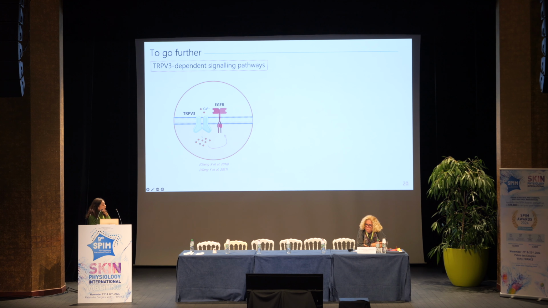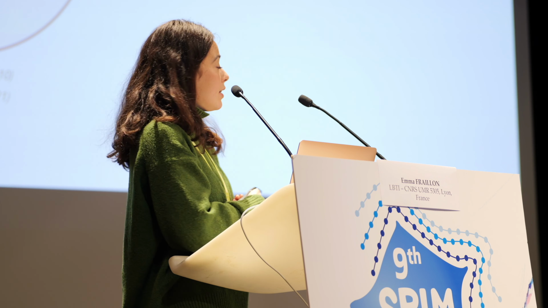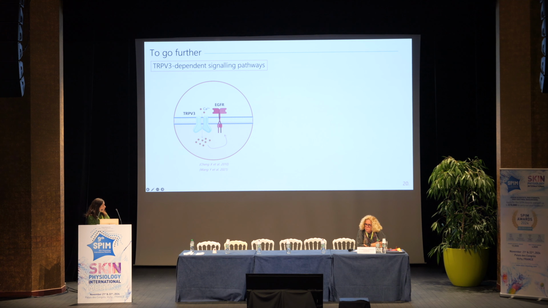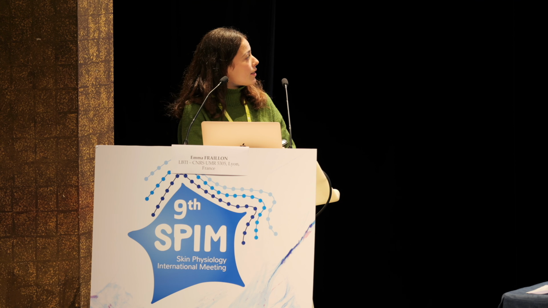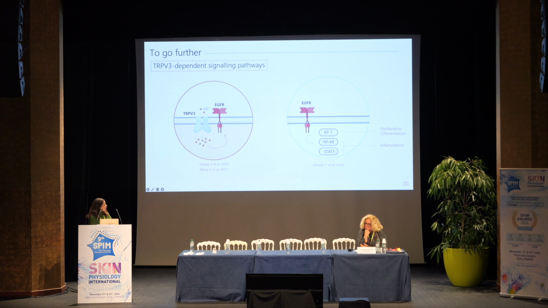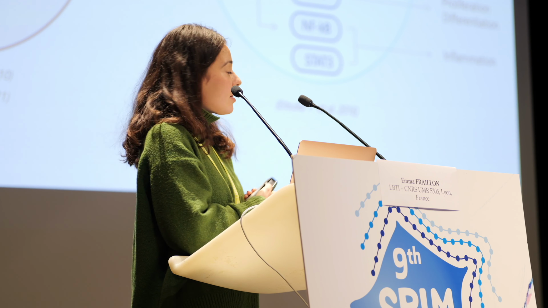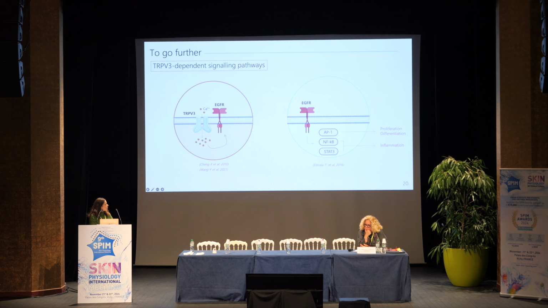To date, the only pathway known to derive from TRPV3 activation is the EGFR pathway. This EGFR pathway is also known to participate in psoriasis pathogenesis, as its activation leads to the activation of some transcription factors involved in the regulation of genes involved in cell proliferation and differentiation, and also in inflammation.